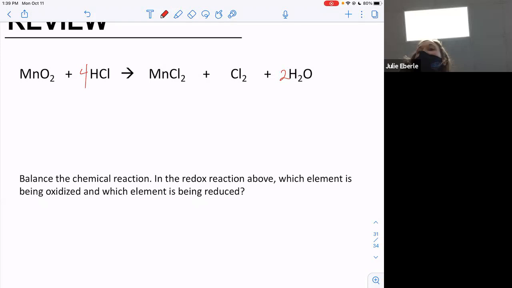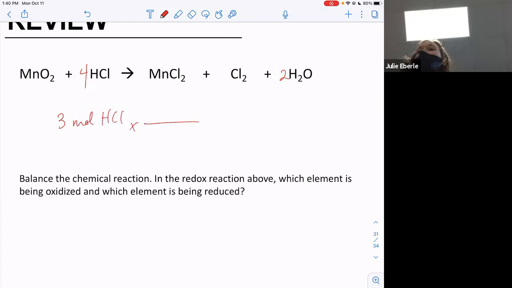So right now, Grace, if I said you only have 3 moles of HCl, how many moles of chlorine would you get? Once you have your balanced reaction, you can work a mole to mole ratio problem. You have to have a balanced reaction first. We see that it takes 1 mole of manganese oxide plus 4 moles of HCl to give us the set ratio of products. If we only have 3 moles of HCl, you would start with that 3 moles of HCl and multiply by your mole ratio.